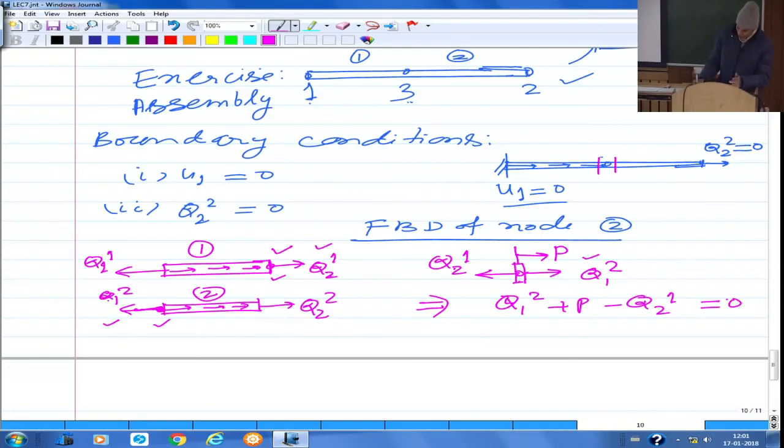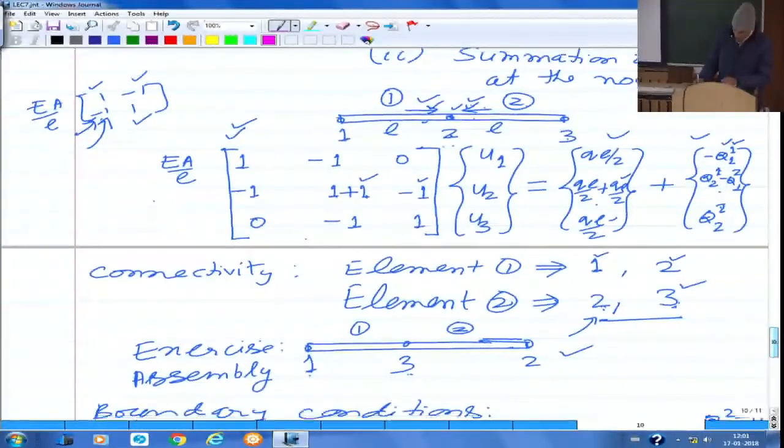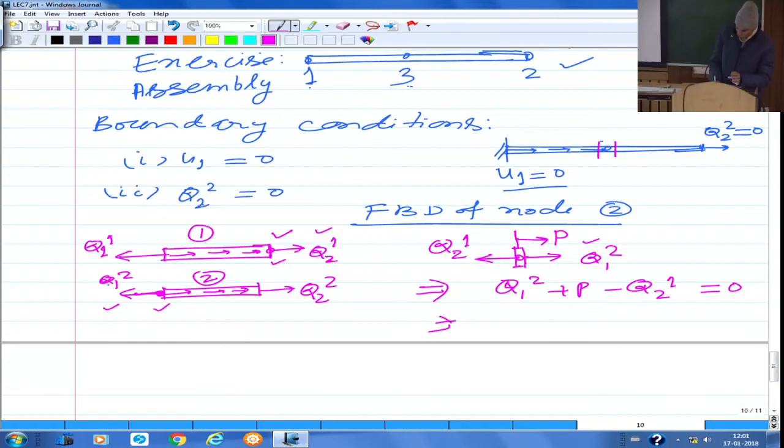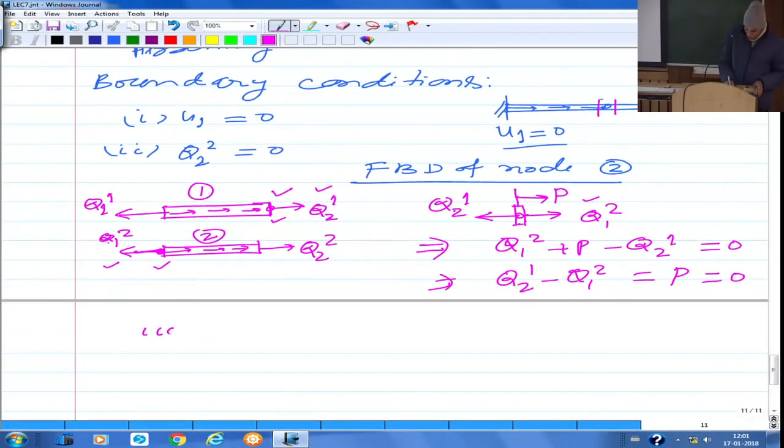Then you can write this as Q21 minus Q12 is equal to P, and P is 0 in this case, so finally this is equal to 0. So this is the second boundary condition. Finally, you can say the third boundary condition for this case is essentially Q21 minus Q12 is equal to 0.